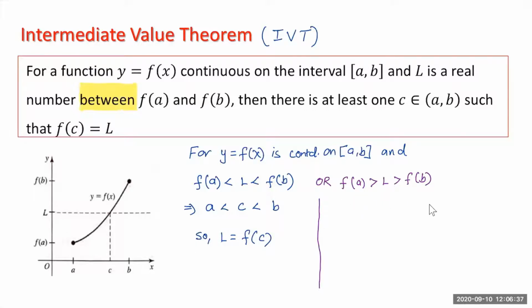Here, if you want to do the same thing, it will be f of a is greater than L is greater than f of b. Now if you do f of b, you get that. If you do f of a, that is the value.